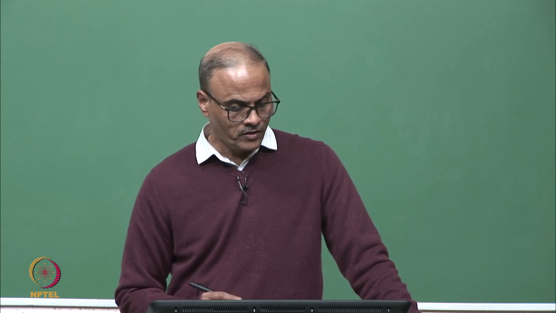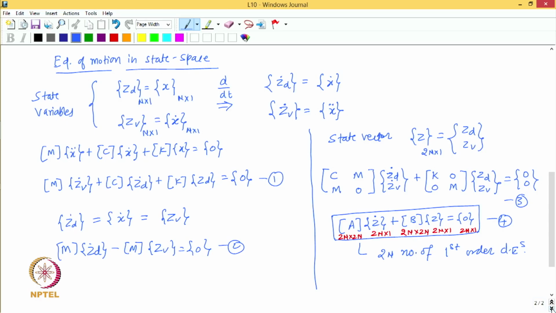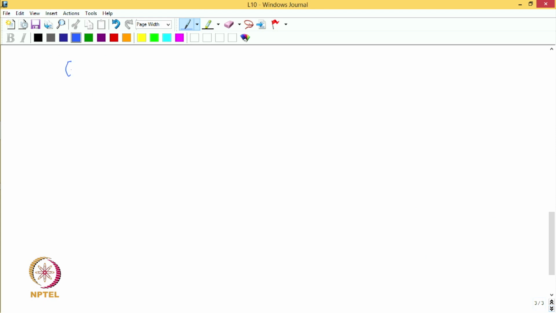So, let us go to the next page and rewrite that equation: A z dot plus B z is equal to 0. Let us assume a solution, let z is equal to psi bar e to the power st. Here we are saying there is a coefficient vector psi bar which is an unknown vector, maybe an eigenvector, and s is the eigenvalue.